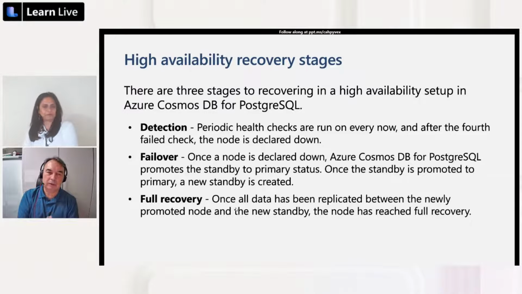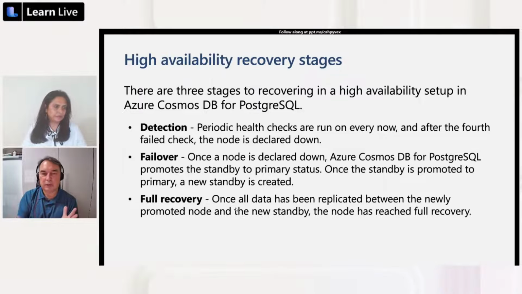If there are any failures, any type of failures in the hardware or software hosting your database, then the database node, in this case we are talking about nodes in the cluster, will be declared as unhealthy and down. If that happens, that's where the platform decides to execute a failover at the node level. So each node is one complete server. If it's unhealthy, it will be failed over.